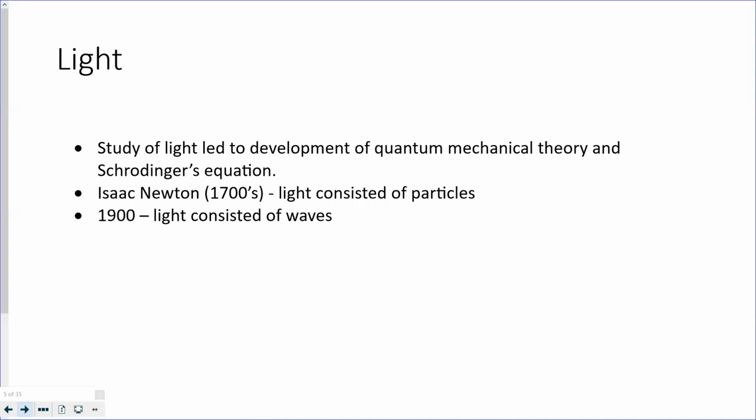Particles, this deals a little bit into the physics part of chemistry, but particles tend to move in a straight line until they are acted upon by something else. They will move in a straight line until they bounce off another object. But particles tend to not move around objects. They move in a straight line and then bounce off. Whereas we were noting behavior where we can end up with shadows, where light does go around objects.